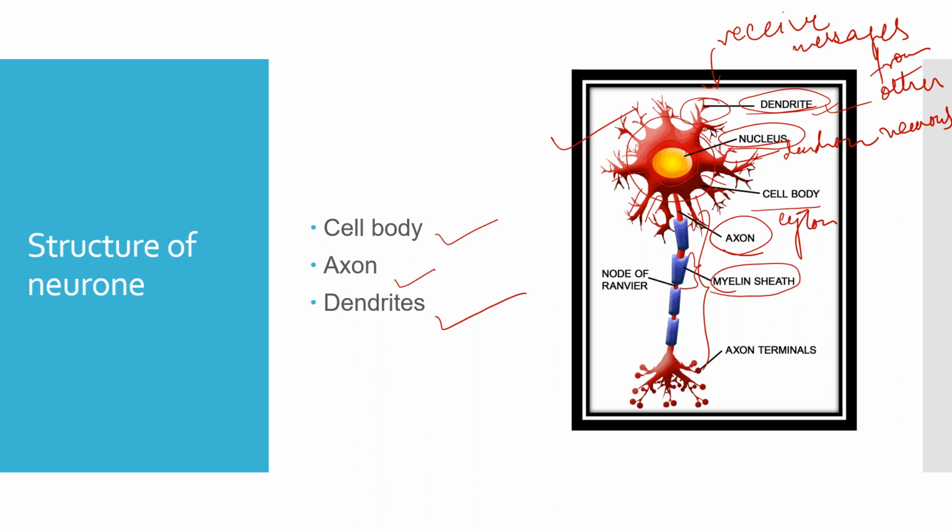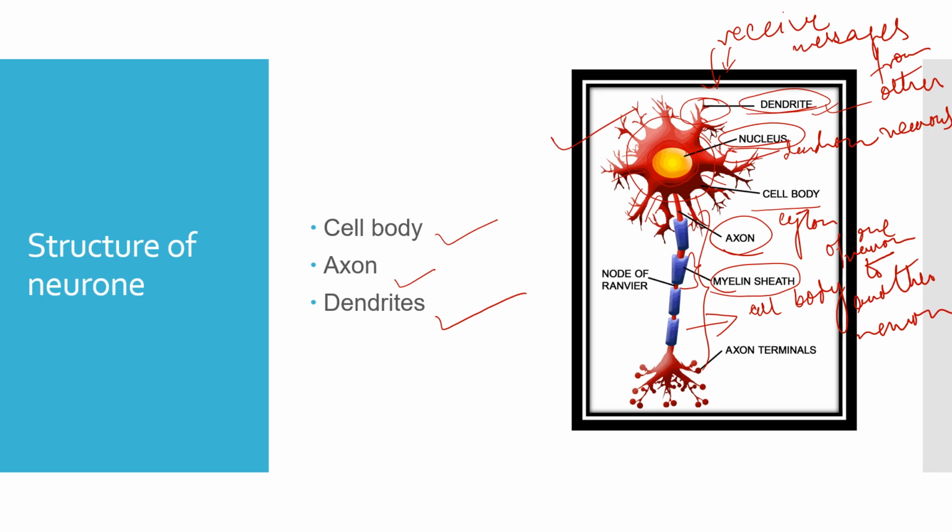The axon is the most important part of the neuron because it carries messages from the cell body of one neuron to another neuron. Dendrites receive messages, and the axon carries the impulses to another neuron.